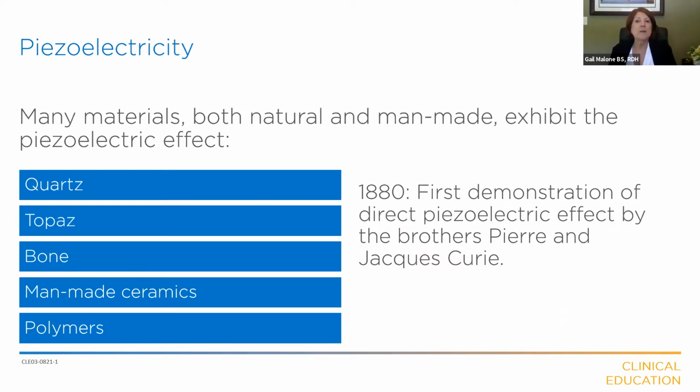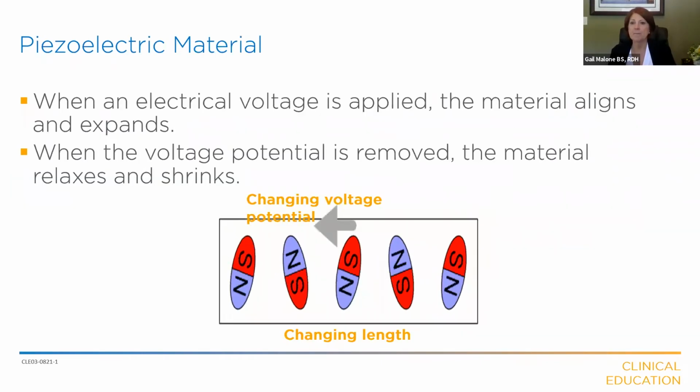They noticed that when they applied voltage across certain materials, they changed in shape and dimension and generated a mechanical motion. Materials that exhibit a piezoelectric effect include the things that you see listed here on the screen: quartz, topaz, bone, man-made ceramics, and some plastic polymers.